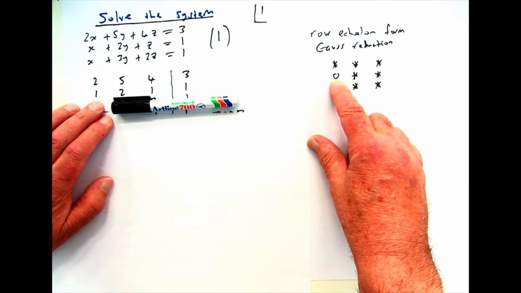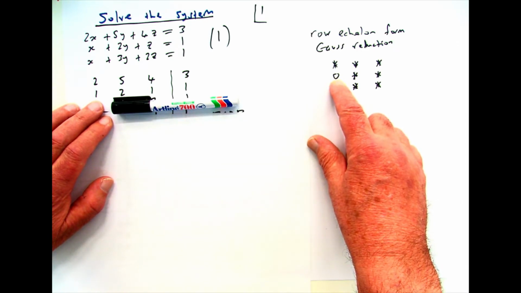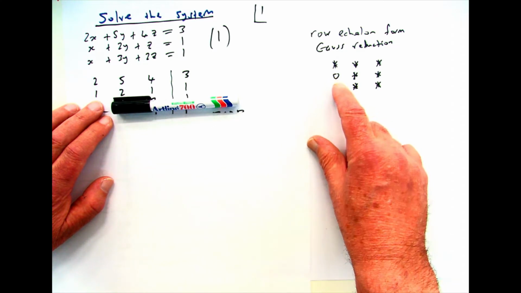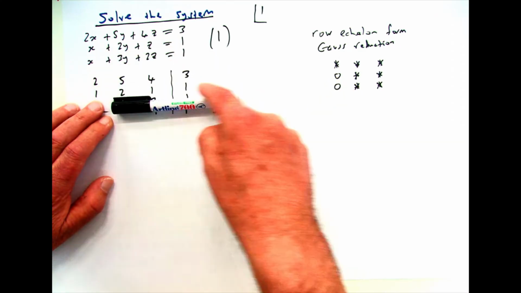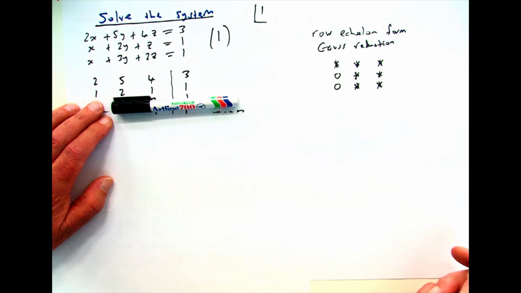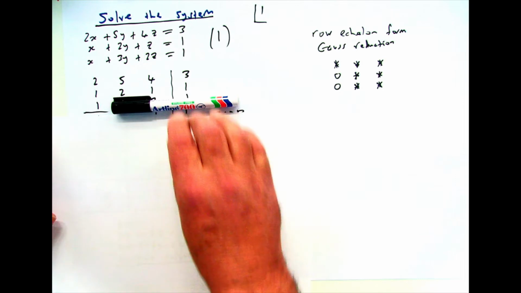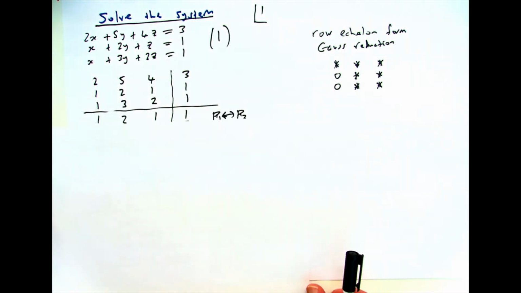But then we're going to have fractions because we've got to do the same operation across the row, and we don't want to have the fractions unless we can avoid it.